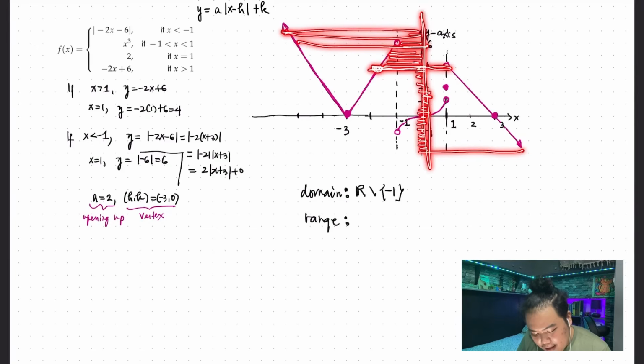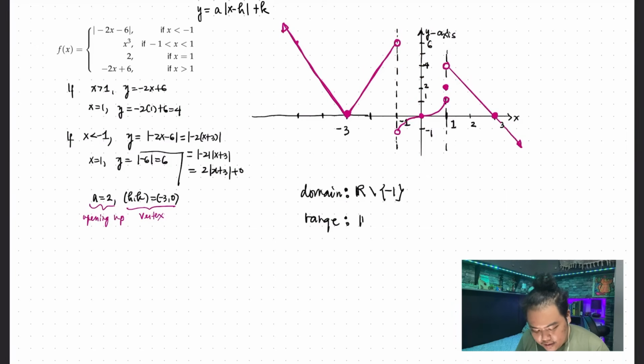So, basically, magagamit mo lahat ng y. So, the set of real numbers pa rin yung range mo. So, that's all for the different types of functions and yung mga graphs nila and domain and range. So, yung next topic natin is the operations on functions.